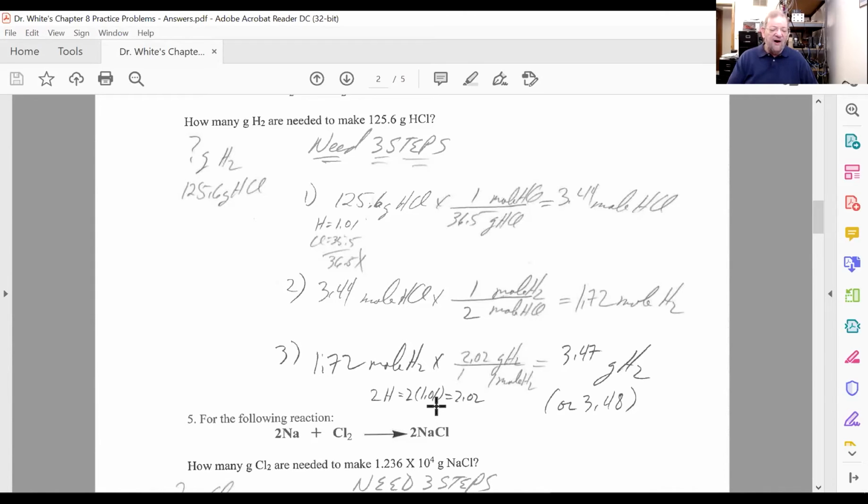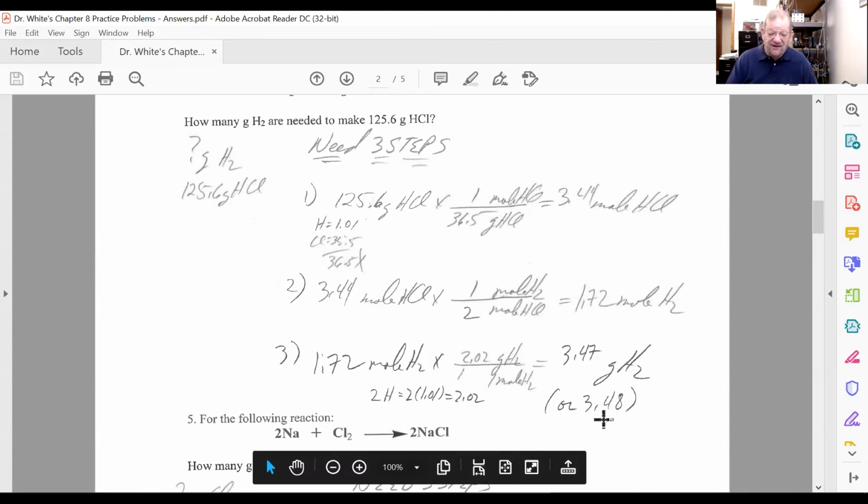Remember, using all atomic weights to 3 significant figures. That'd be 2.02. This is the exact number, 3 significant figures. Now, the 3.47, if you round off at each step; if you round off at the end, you get 3.48.